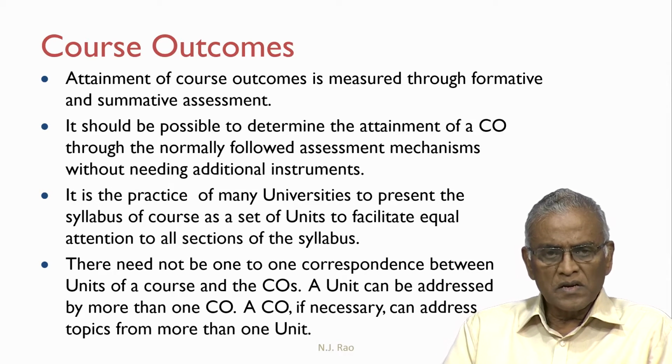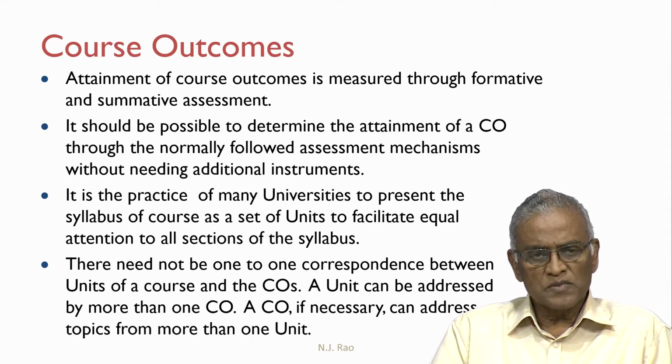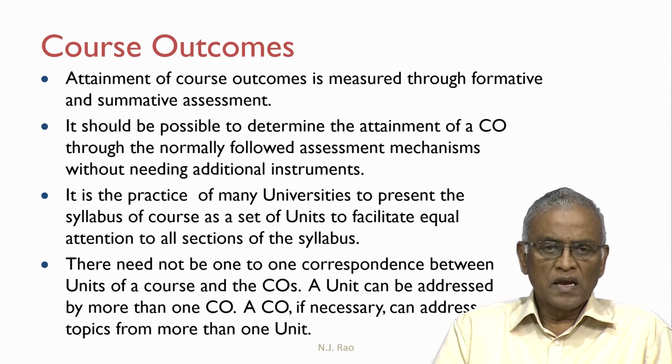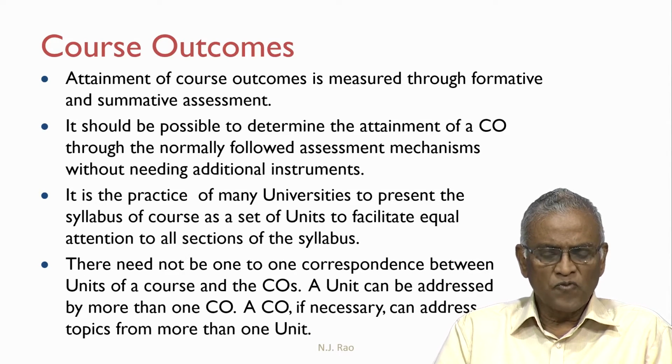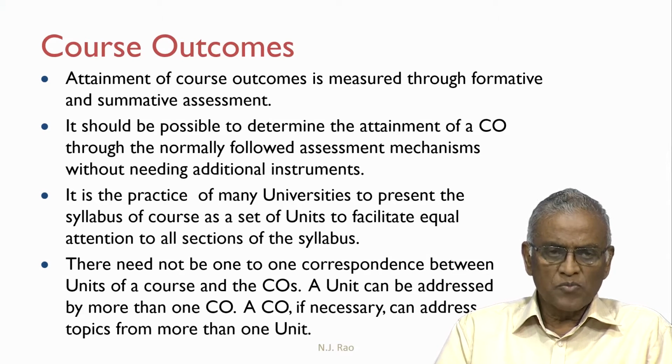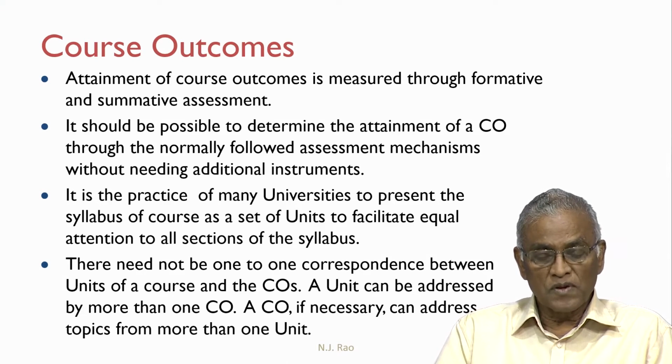Here we say there need not be a one-to-one correspondence between the units of a course and the COs. Many people even today believe that you have to have one course outcome for one unit. Actually it is not necessary. A unit can be addressed by more than one CO if the content is appropriate.